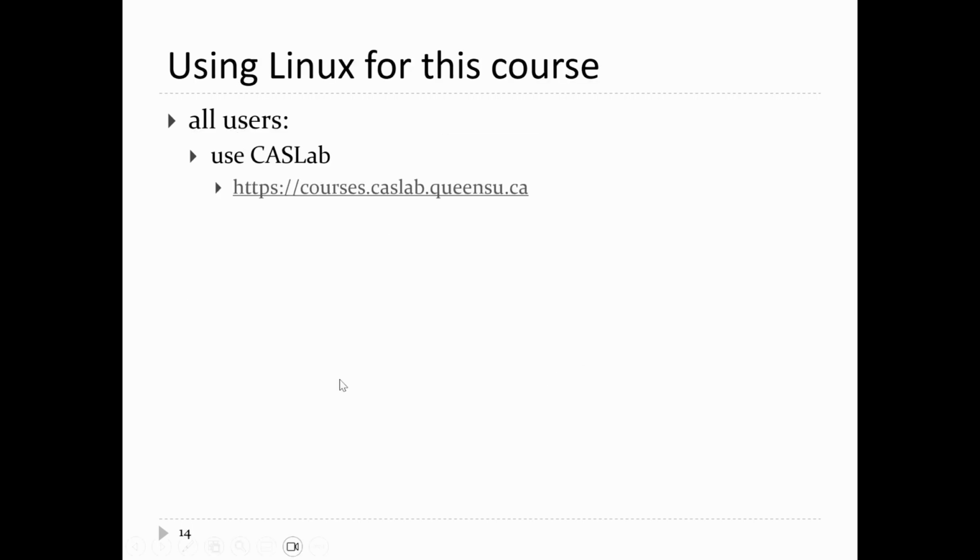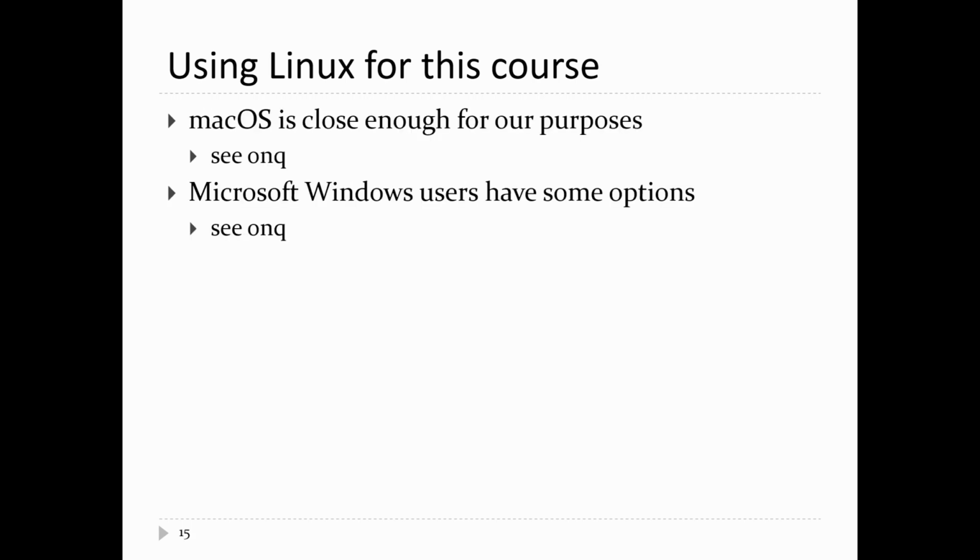All right, so this course is in Linux. How do you access it if you aren't using it on your home computer right now? CastLab, if you want to work on campus on one of our computers, does have a small number of computers that you can boot either into Windows or Linux. So you can access it that way if you really want to.